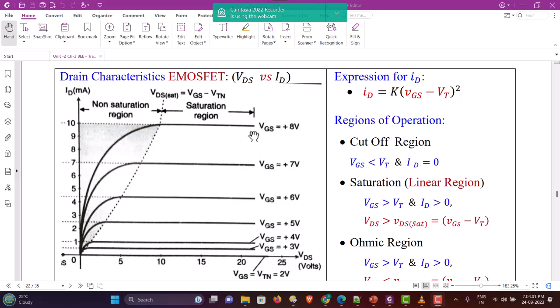So after this dotted line shown here, VDS equal to VDS sat, the drain current saturates and remains constant. Whereas at lower values of VDS, less than VDS sat, at these points, the current is decreasing if VDS is decreasing at a given constant value of VGS.